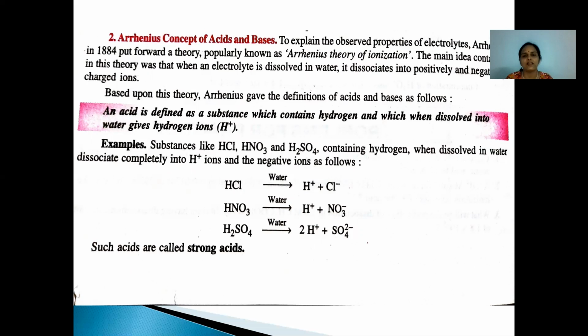HCl on dissolution in water produces H plus and Cl minus, nitric acid HNO3 gives H plus and NO3 minus, H2SO4 gets dissociated into 2H plus and SO4 2 minus. Such acids are called strong acids.